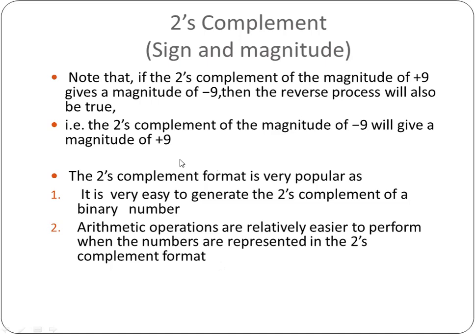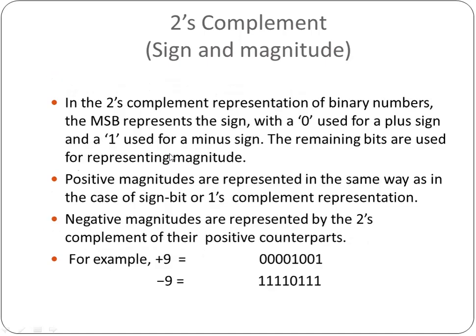So note that if the 2's complement of the magnitude of plus 9 gives the magnitude of minus 9, then the reverse process will also be true. That is, the 2's complement of the magnitude of minus 9 will give the magnitude of plus 9. So the 2's complement of plus 9 will give minus 9, and if you do the 2's complement of this number, you will get positive 9.